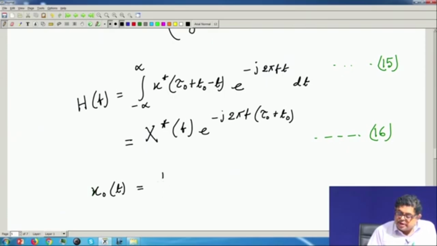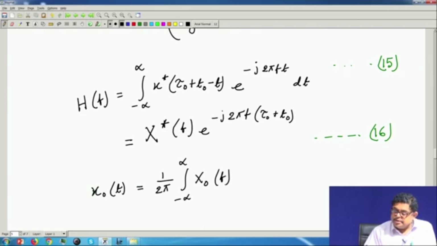We know it is nothing but 1 by 2 pi, these are all more manipulation to get some more extra insight. So this will be x naught f e to the power j 2 pi f t d f, and at a particular time, at t is equal to t naught, what is the value?